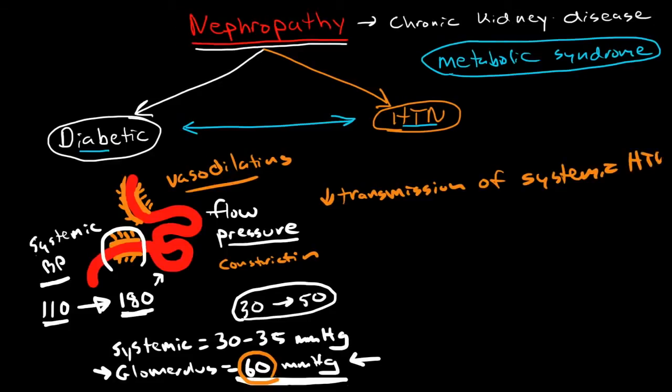So I said that hypertensive nephropathy is one of the most common causes of nephropathy, but it is still relatively rare considering the number of people with hypertension.